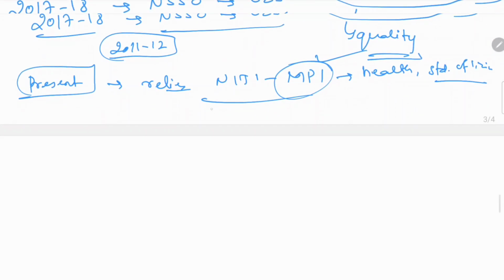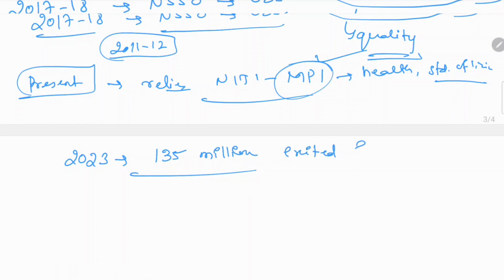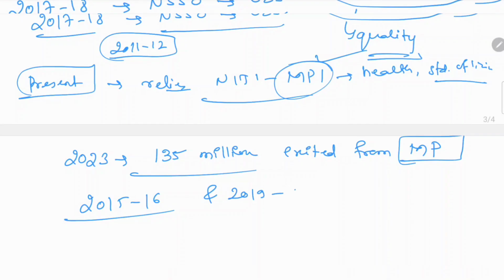According to the Niti Aayog's estimate, in 2023, nearly 135 million people in India exited from multidimensional poverty between 2015-16 and 2019-20.